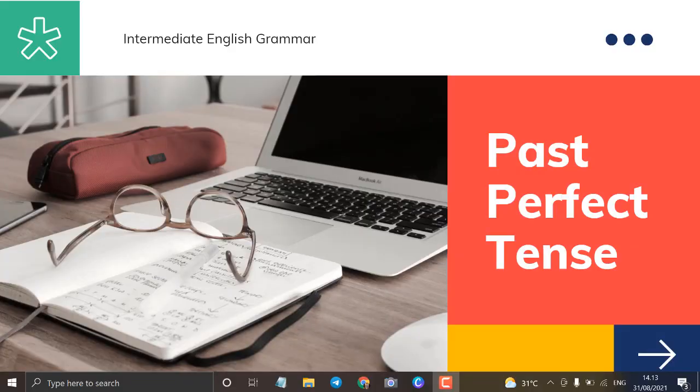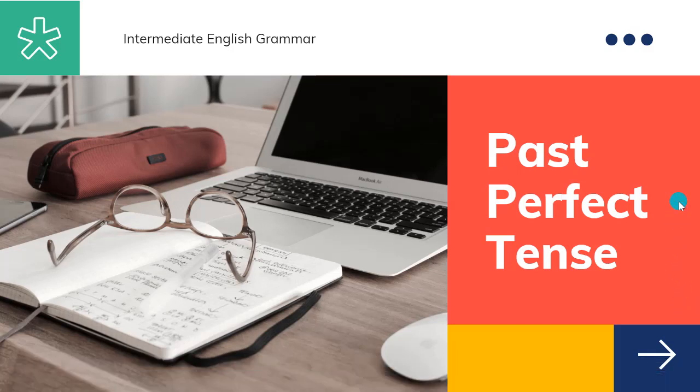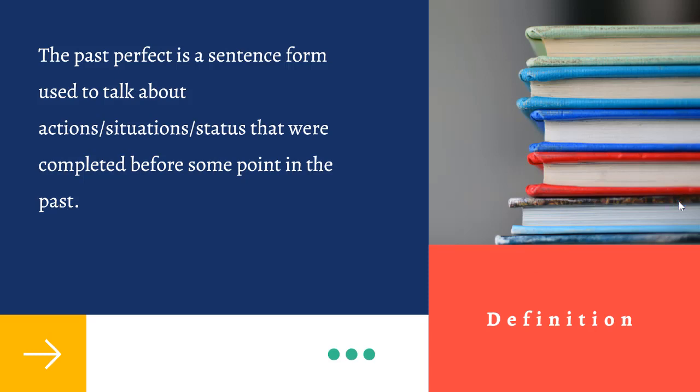Okay, Bismillahirrahmanirrahim. So, as usual, we are going to discuss first the definition of the past perfect tense. The past perfect tense is a sentence form used to talk about actions, situations, status that were completed before some point in the past.